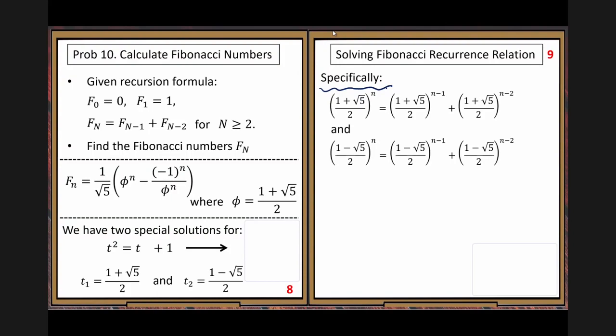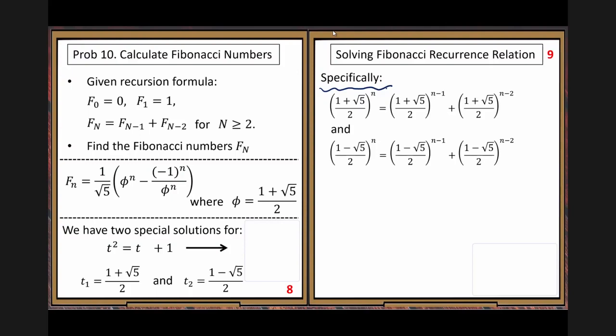How to construct it? There is a useful technique, very important. Remember our recurrence relation has a useful, important property we can take advantage of.